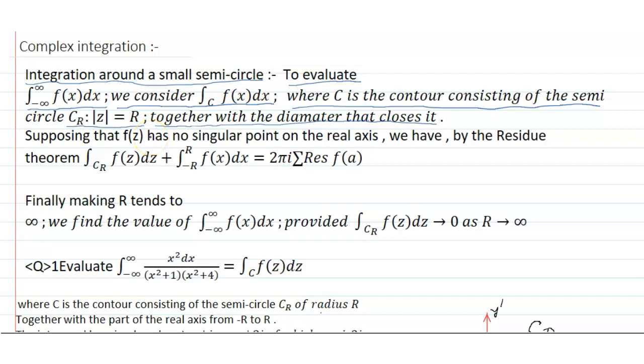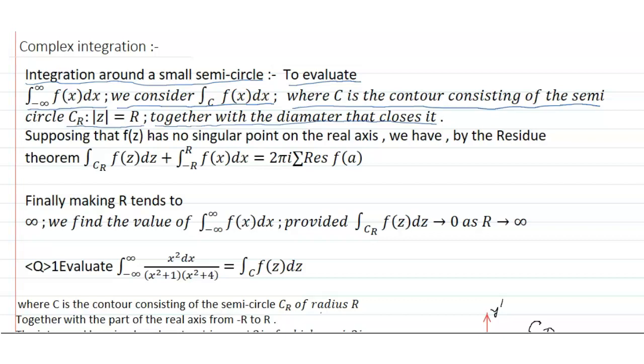Today's discussion is complex integration around a small semicircle. To evaluate the integral from minus infinity to infinity of f(x) dx, we consider the closed contour integral over C of f(z) dz, where C is the contour consisting of the semicircle C_R such that mod of z equals R, together with the diameter that closes it.